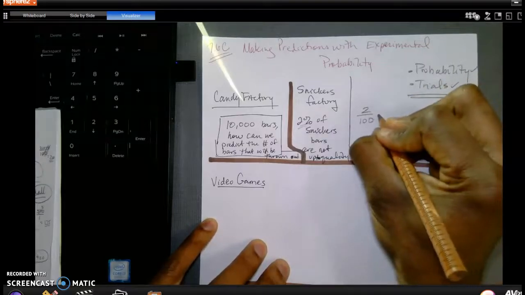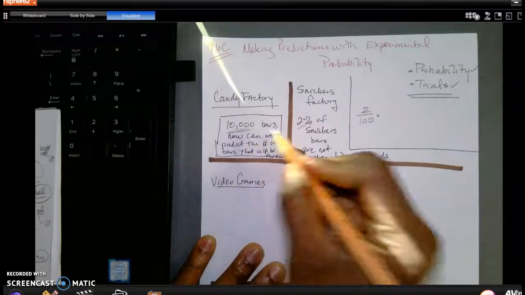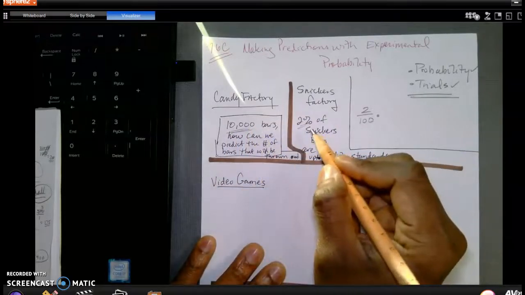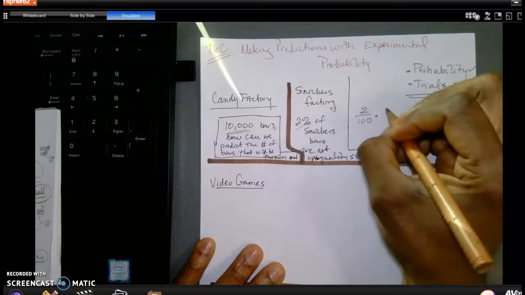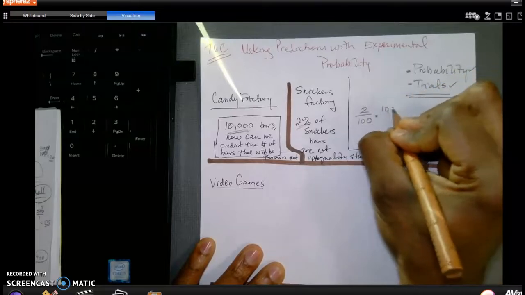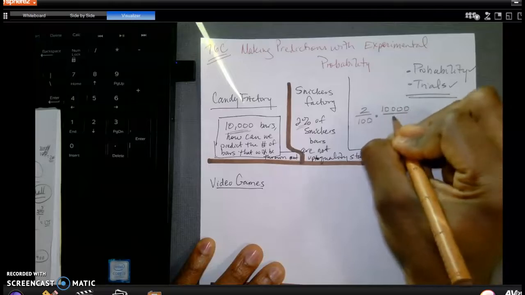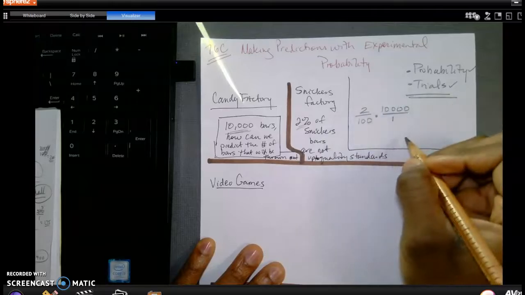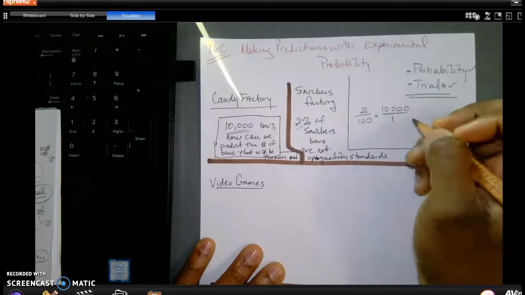I'm then going to multiply that by the number of bars, or the number of trials, that I'm going to complete. So the next 10,000 bars that are made, I'll set up as 10,000 over 1, because any number over 1 is a ratio.